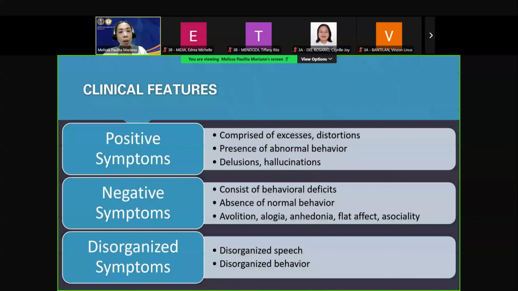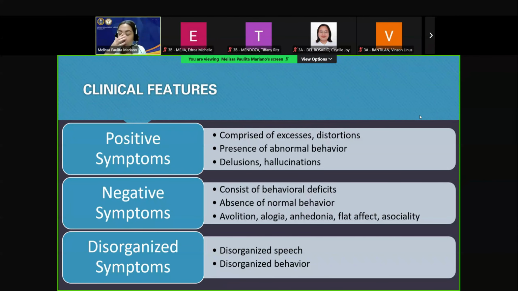Now, when we look at the schizophrenia spectrum disorders, it would be helpful for you to categorize the features in three general clusters. There are going to be the positive symptoms, the negative symptoms, and the disorganized symptoms. We want to understand positive symptoms as being comprised by excesses or distortions, meaning there is going to be the presence of something that should not be there.